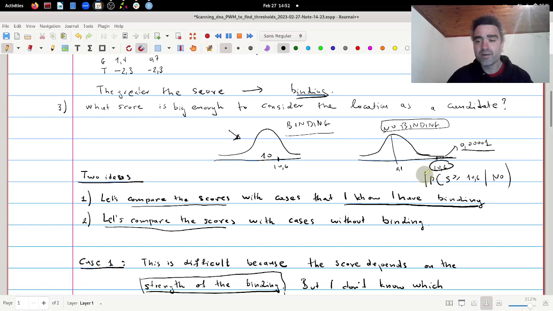In terms of probability, this is something like that, and if this probability is very small, then I assume that I have binding.